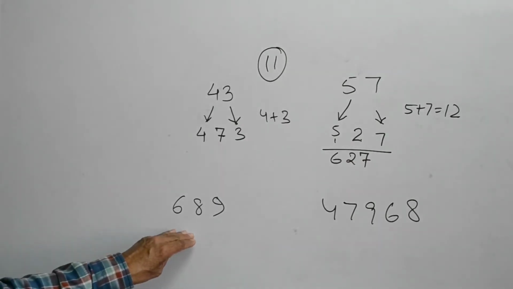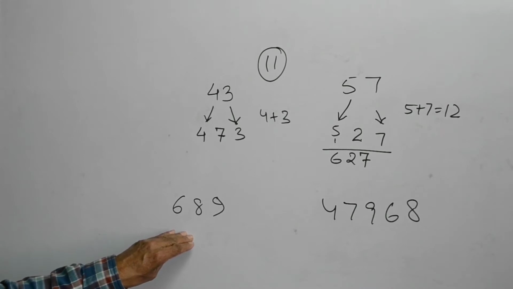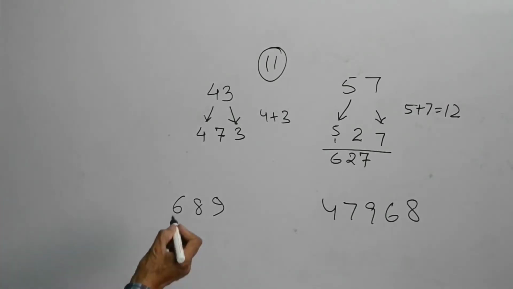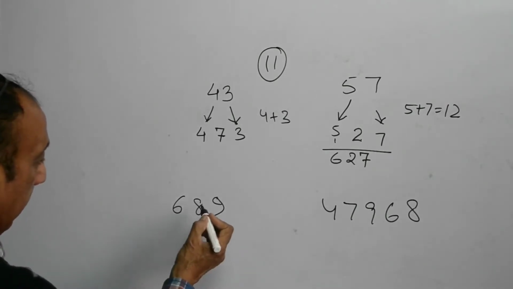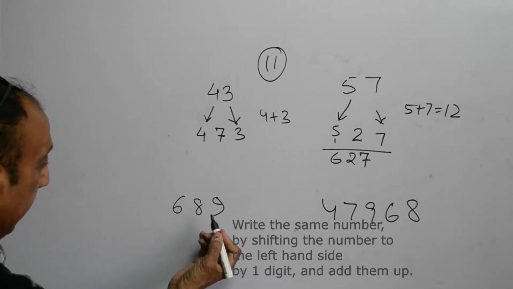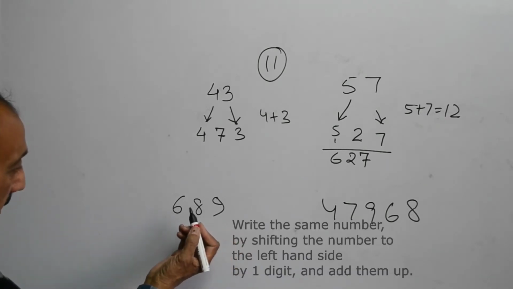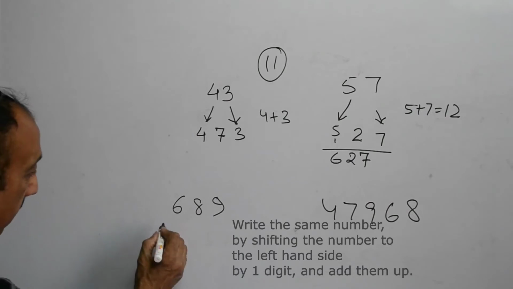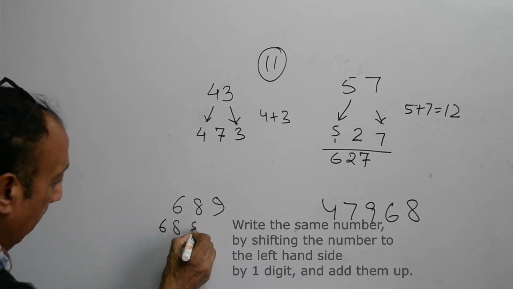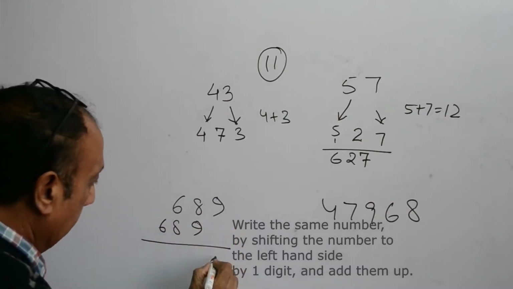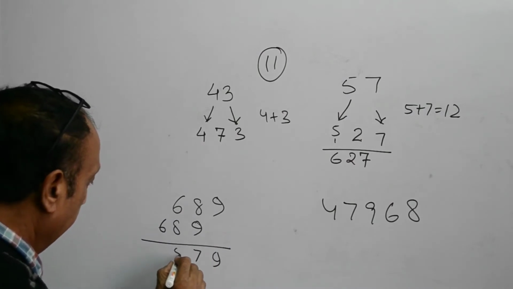When the digits are more than 2, then we are going to follow a different method. Just below this number, write the same number, shifting the number to the left side by one digit. 6, 8, 9. Add it up, 9, 17, 15 and 7.